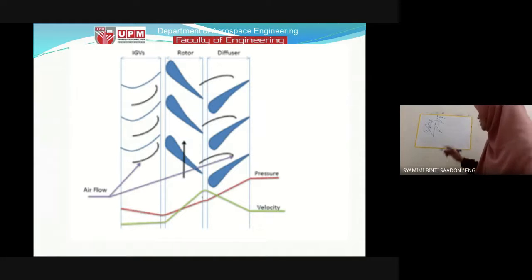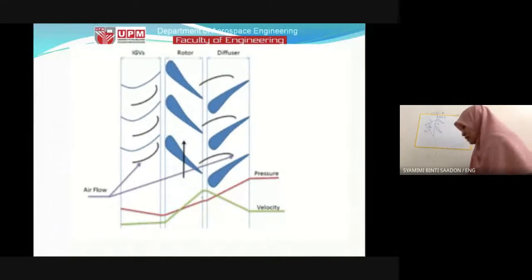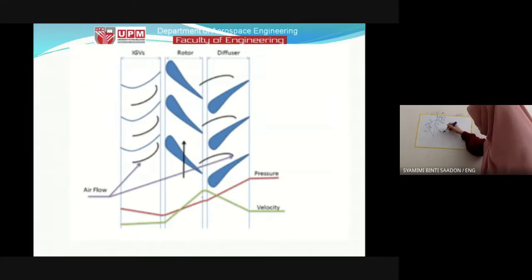So we have the blade inside the rotor. The direction of U is this way. Then from this, the exit, this is the W2.